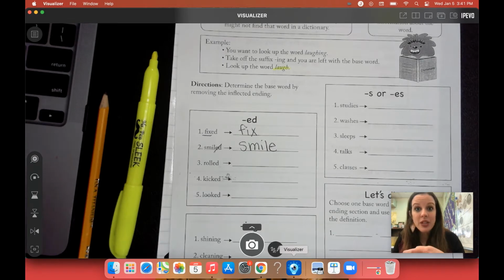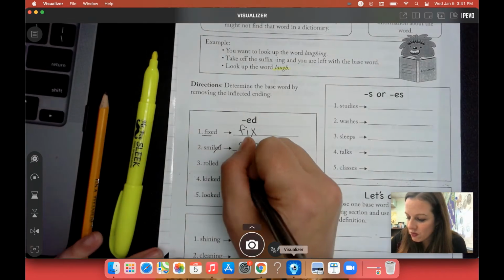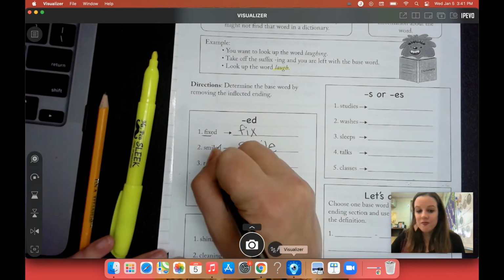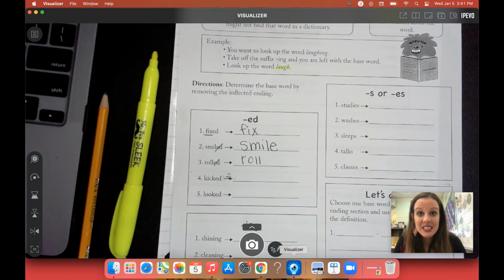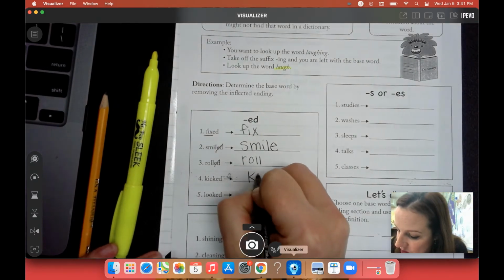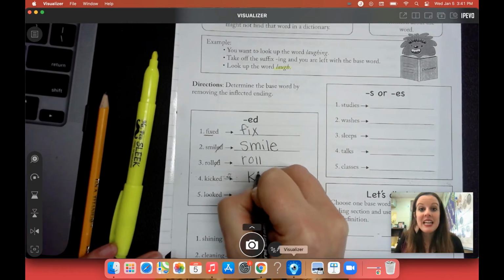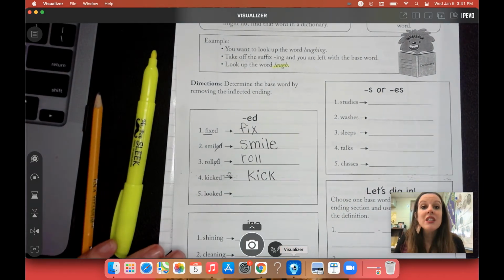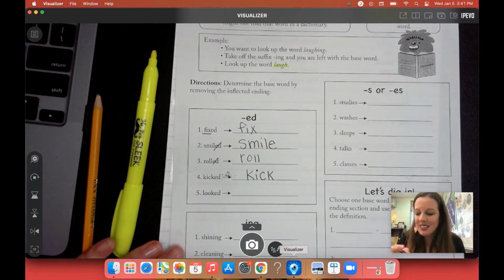Enrolled, the base word is roll. In kicked, the base word is kick. In looked, the base word is look.